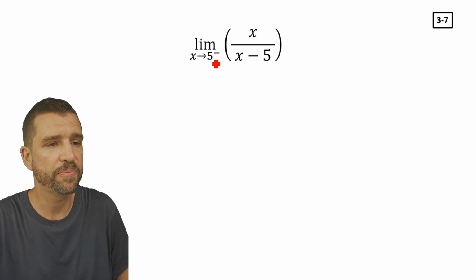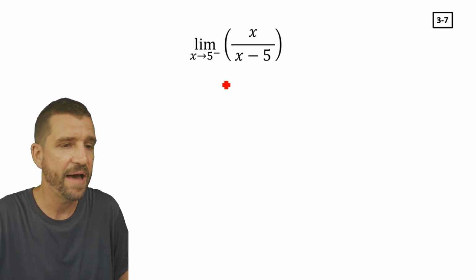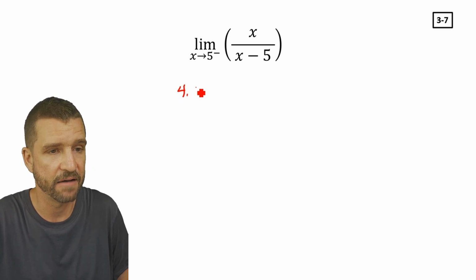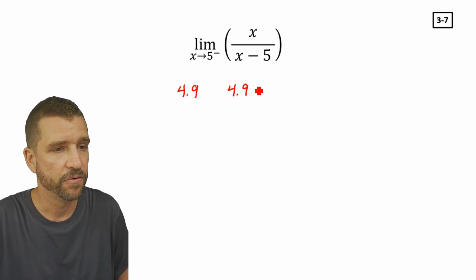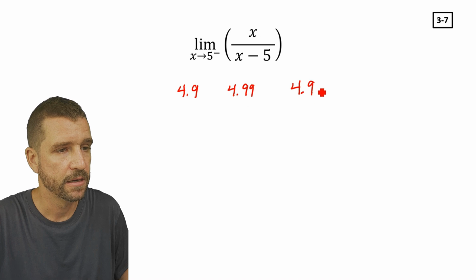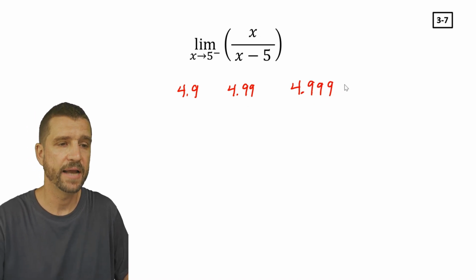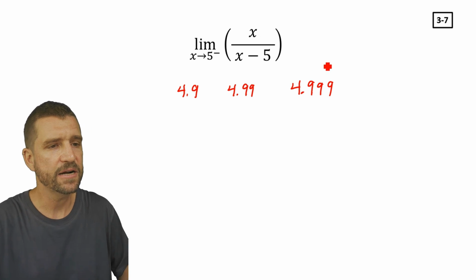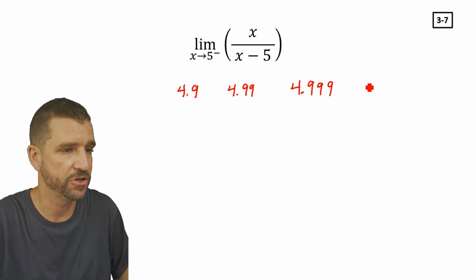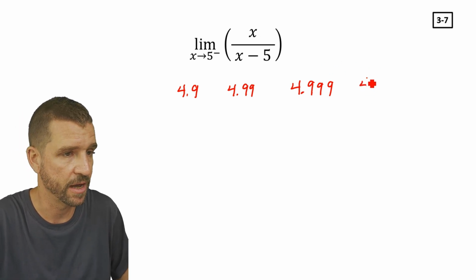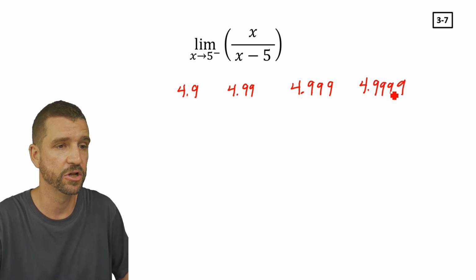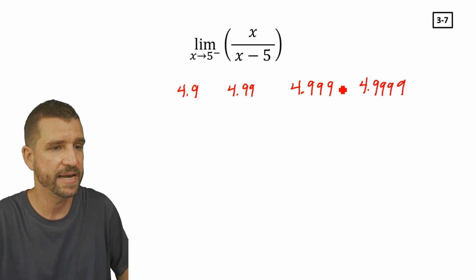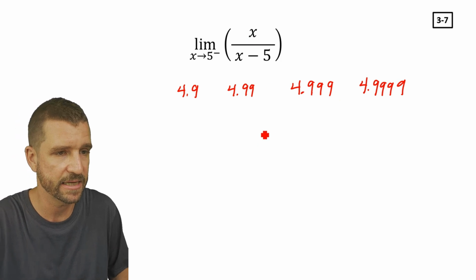So as we approach 5 from the left, that means we're dealing with numbers like 4.9, 4.99, 4.999, etc. Let's just jump to something that's really close to 5. So 4.9999, if I plug this in, let's think about what's going to happen.